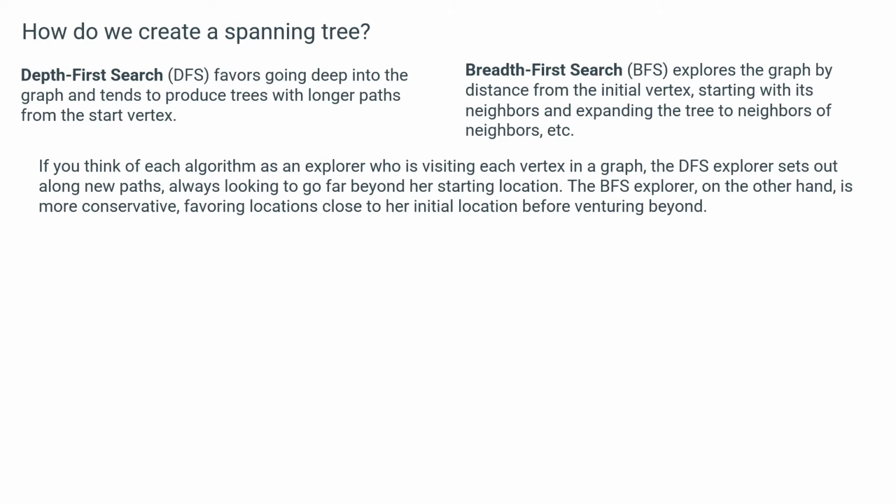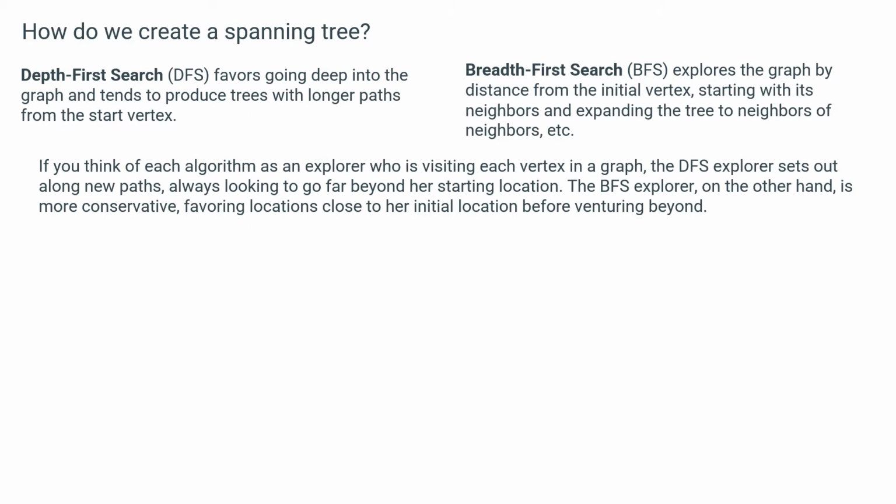So this explorer says, let's go to a new vertex, and let's go to another one, and another one, never really caring how far she gets away from the starting location. But the BFS explorer, on the other hand, is more conservative, favoring locations close to her initial location before venturing beyond.